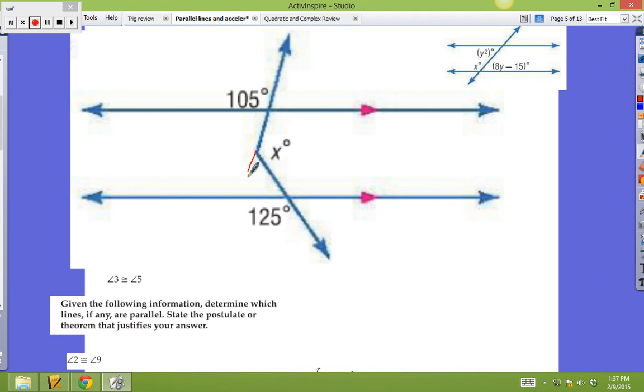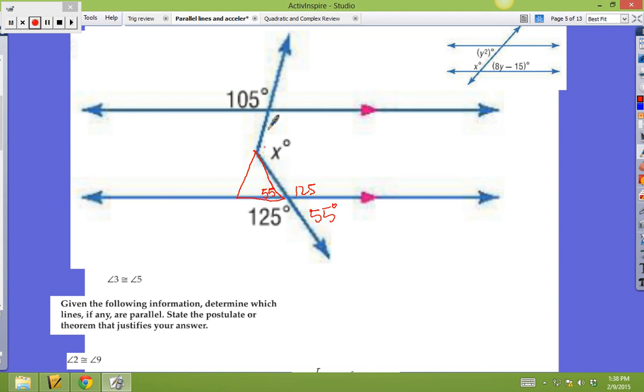I'm gonna make, there we go, there's your triangle. So if this is 125, the linear pair, you do 180 minus 125, this has to be 55 degrees. And this has to be 55 degrees. And this has to be 125. So I got one of the corners of my triangle figured out.